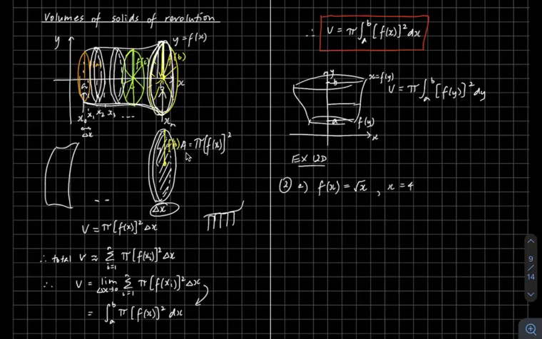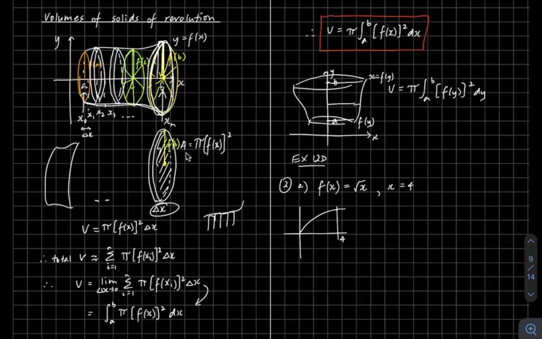So we're trying to find the volume of the solid that's formed by rotating the region bounded by those curves around the x-axis. So y equals, or f of x equals root x is just like that. Let's say that's x equals 4, which is just a vertical line, isn't it?